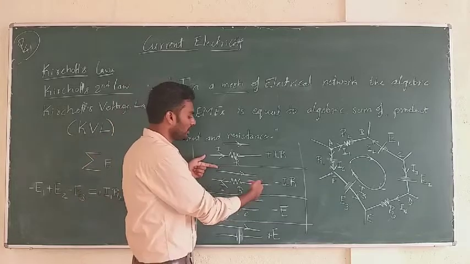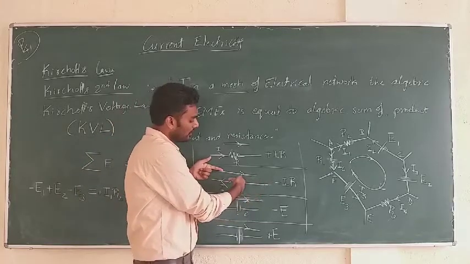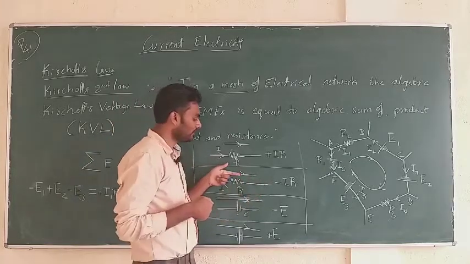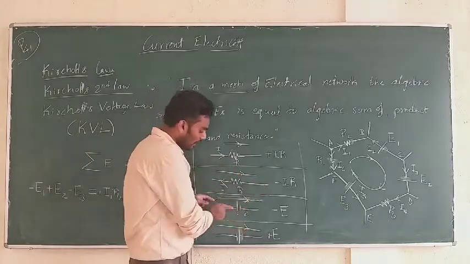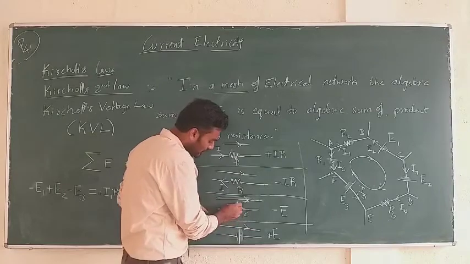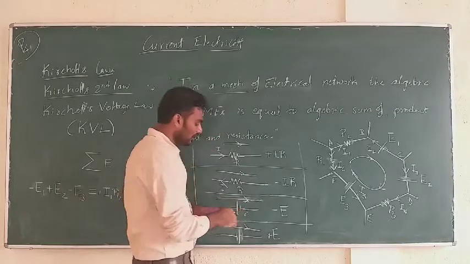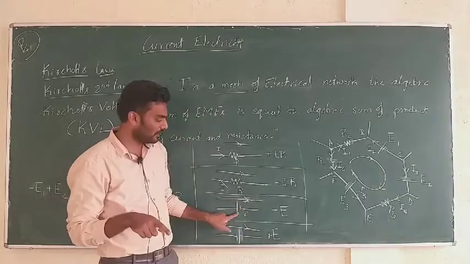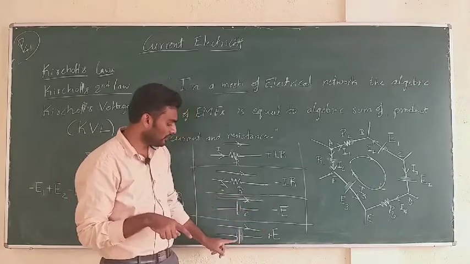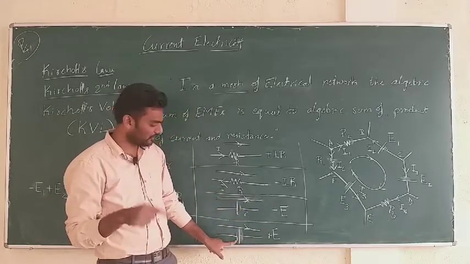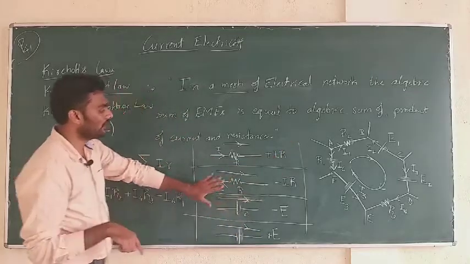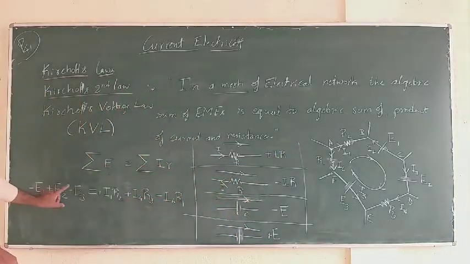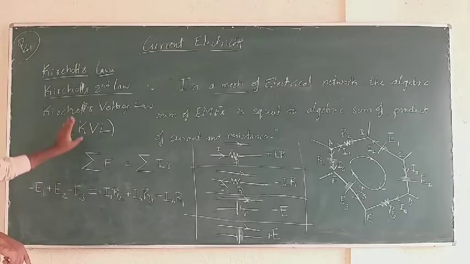If it is the opposite direction of current with the direction of path, like this, then minus IR. And when it comes to EMF, if I see the positive terminal of the battery first, then it is minus E. If I see the negative terminal of the battery first, then it is plus E. Okay. Using these rules, we can write the mathematical form of Kirchhoff's voltage law.